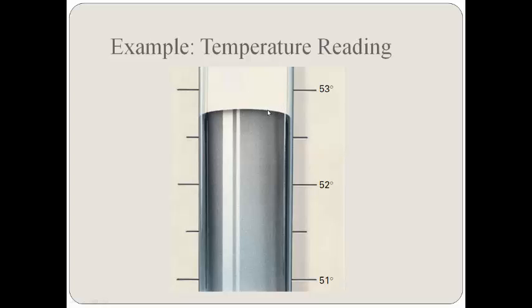So we are certain that the temperature is greater than 52, but it is less than 53. So when we say 52.7, that digit 7 is the uncertain figure or uncertain digit of our reading. So basically we can say in this reading we have three significant figures, where two of them are certain and the last one is uncertain.